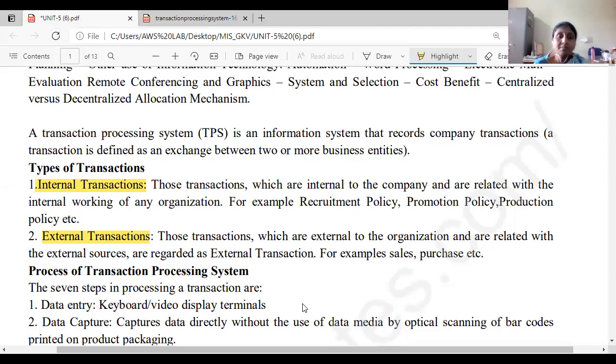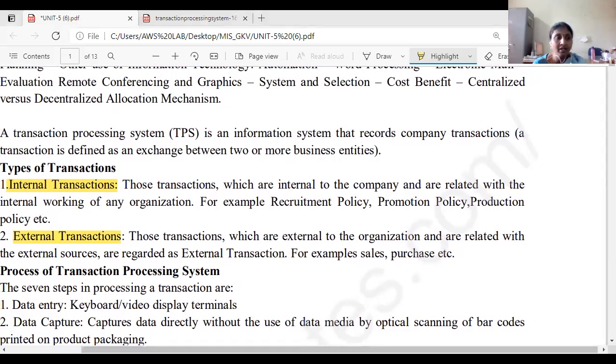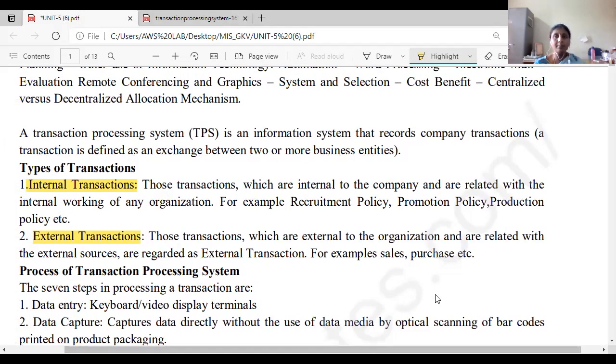For your organization's purpose, you specify a recruitment policy, promotion policies, production policies, and various other policies. Those are called internal transactions. These are transactions internal to the company and related to the internal working of an organization. For running your organization, you perform a certain number of transactions. Those types of transactions are called internal transactions.